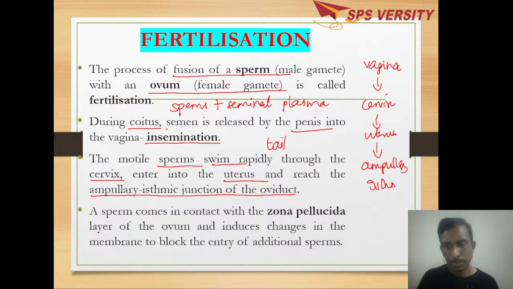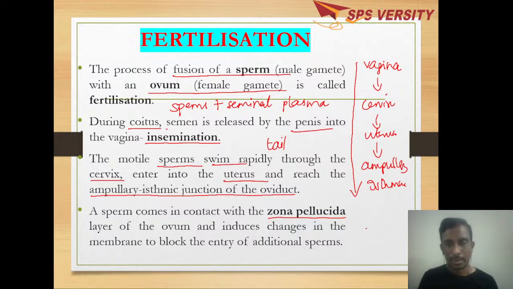From the other side, the ovum will come, where the sperm comes in contact with the zona pellucida. When you take the direction of sperm, it starts from the vagina and proceeds towards the ampullary isthmic junction. But when you take the ovum, the direction is different.